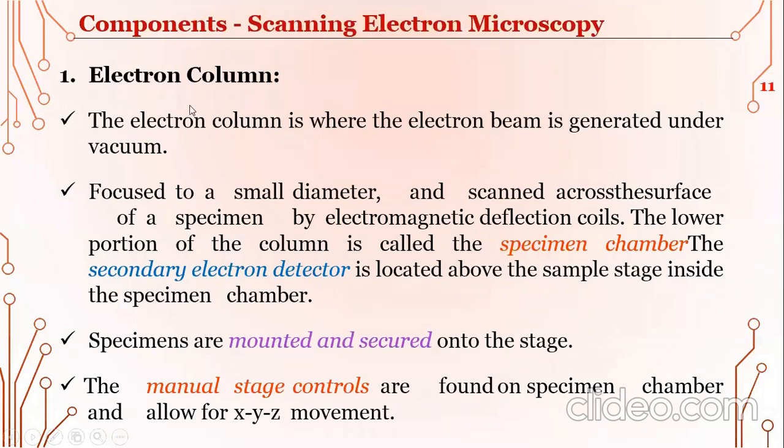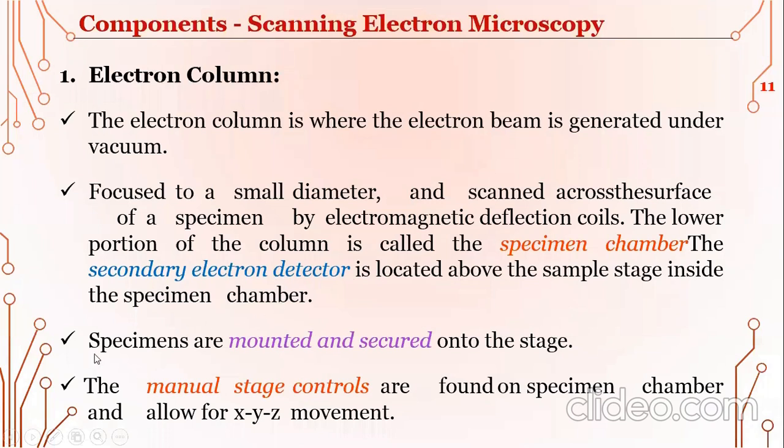The components of the scanning electron microscope: first is the electron column, where the electron beam is generated under vacuum. It is the same as the vacuum column, and the beam is focused to a small diameter and scanned across the surface of the specimen by an electromagnetic deflection coil. The lower portion of the column is called the specimen chamber, and the secondary electron detector is located above the sample stage inside it.